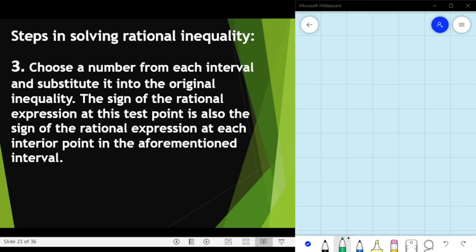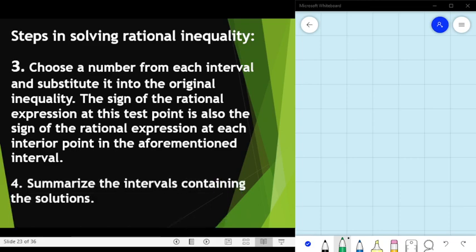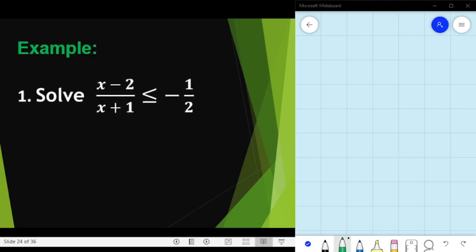The sign of the rational expression at this test point is also the sign of the rational expression at each interior point in the aforementioned interval. Okay, summarize the intervals containing the solution. Okay, so example number 1, ready? But this process is a bit long.